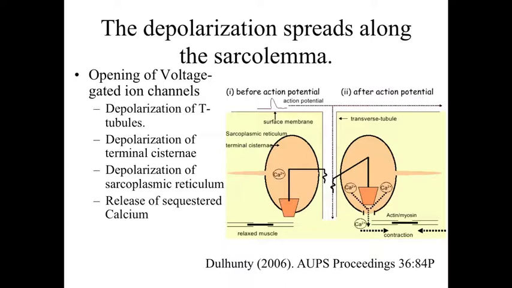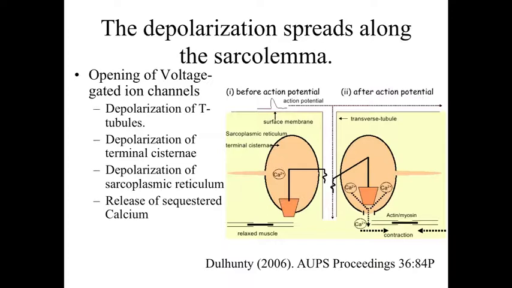And that's going to trigger the depolarization of the terminal cisternae. So it's going to trigger voltage-gated channels on the surface of the sarcoplasmic reticulum. We're going to depolarize the terminal cisternae as part of that triad that we talked about in the previous mini lecture, and it's going to cause depolarization of the sarcoplasmic reticulum as a whole.